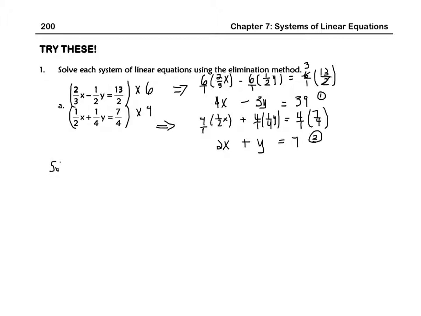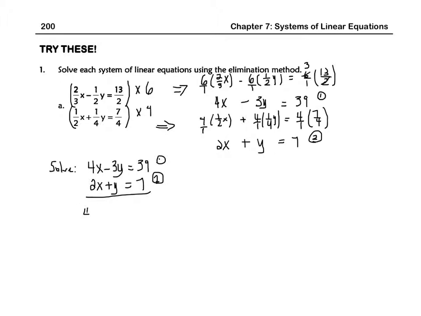So I'm going to be solving 4x minus 3y equals 39, and 2x plus y equals 7. I'm going to eliminate my y's, because all I have to do to eliminate y is multiply the bottom equation by 3.